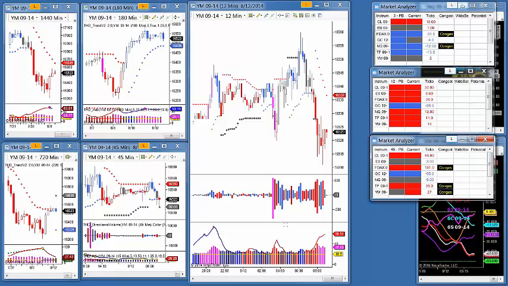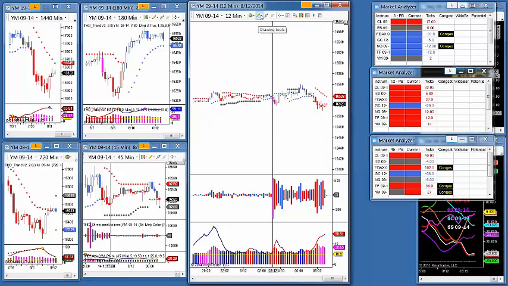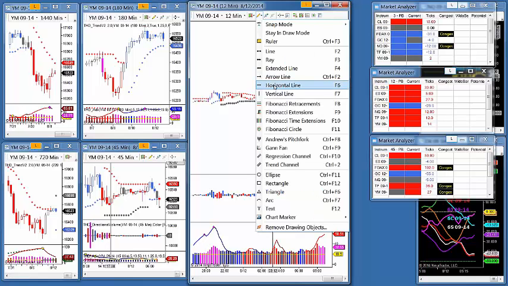Okay, on the Dow, we do have a magenta peak. Does this look like a pointed top or does it look flat, guys? Yes, it looks like a pointed top. Okay.